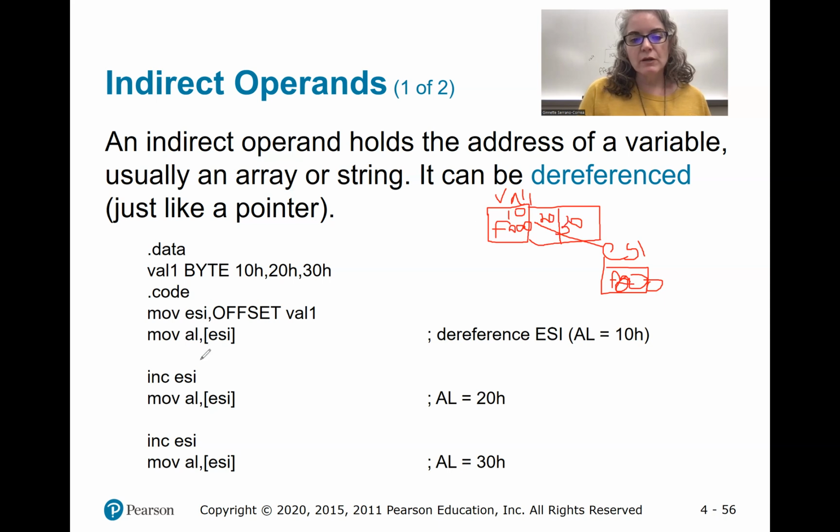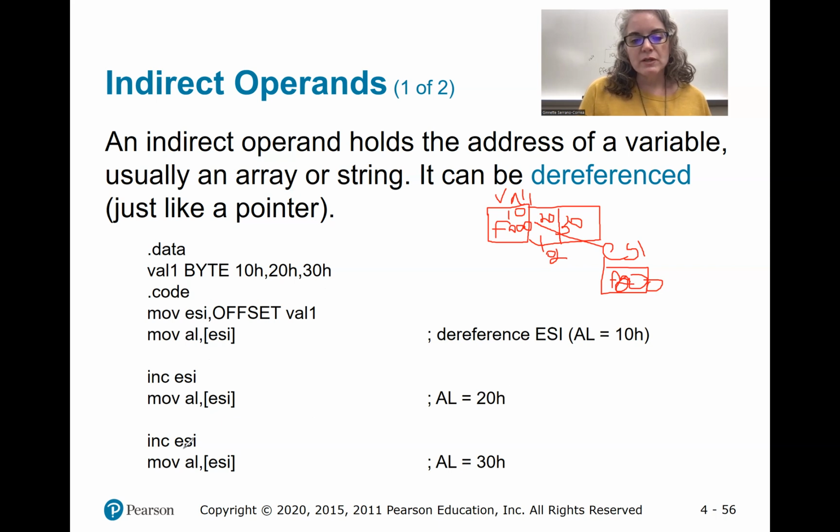So you're increasing the address. If the address FF00 is in ESI, then you add 1, and now you're pointing to the next location, FF01. So here we increase it by 1, we get to 20H.